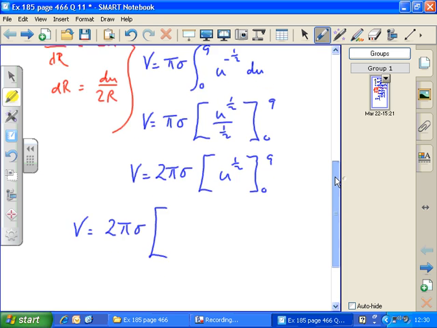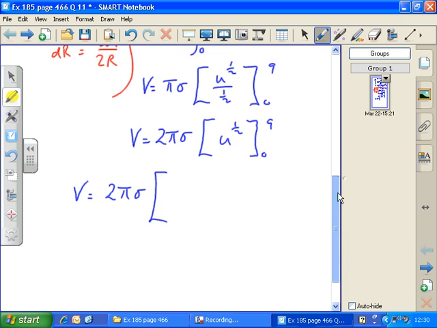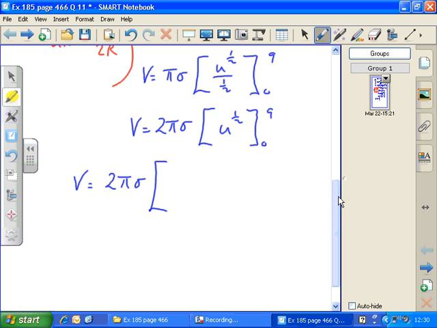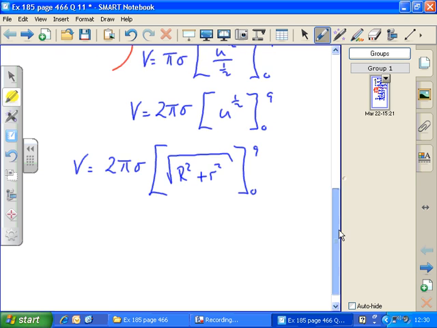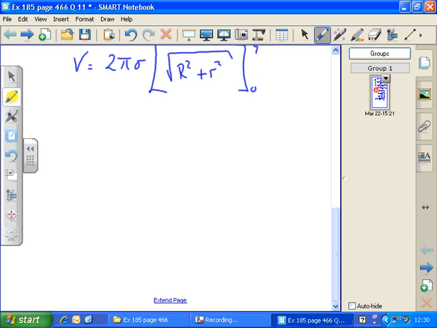What's U? It's r squared plus R squared. So this is the square root of r squared plus R squared between 0 and 9. So putting this information in, we get V equals 2 pi sigma.